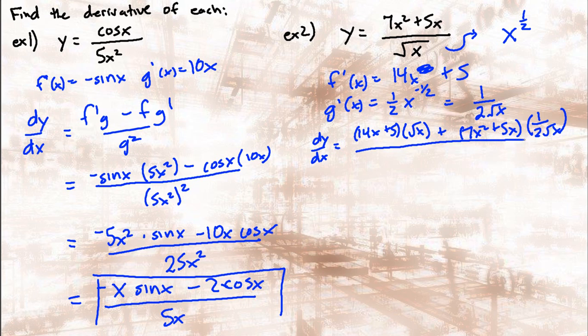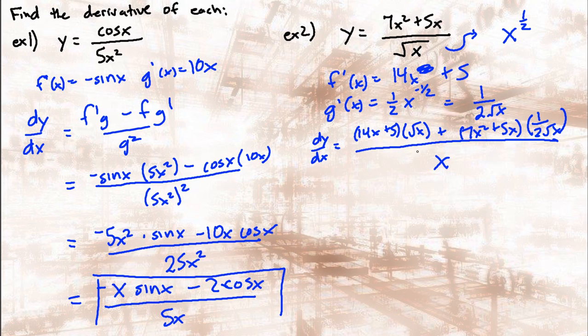I'm glad we aren't doing this with limits. It'd be a bear. And then our denominator squared, so that would be x. Okay, so it looks like we can't cancel any x's.